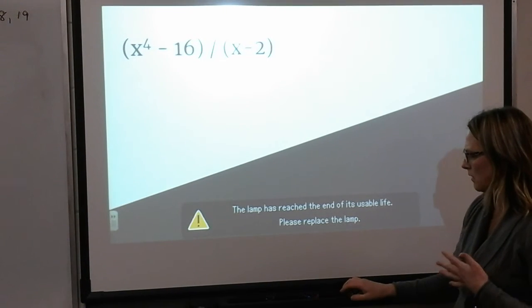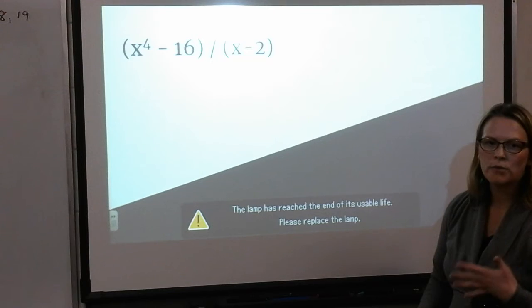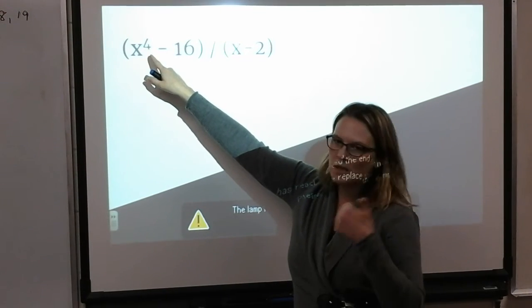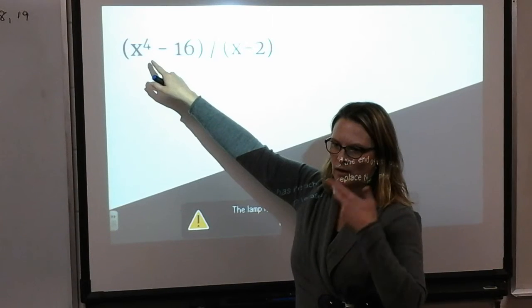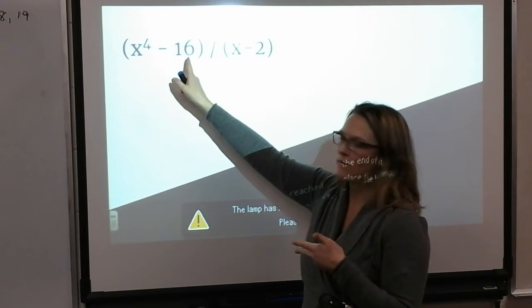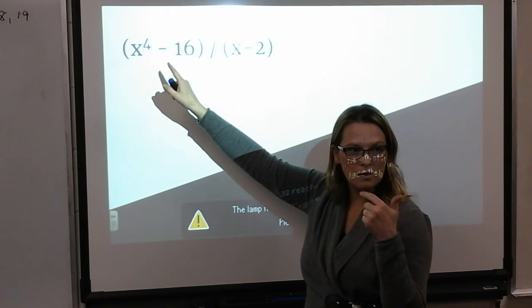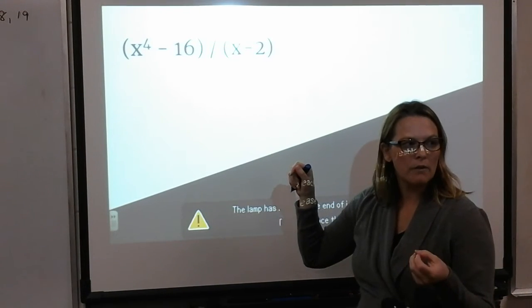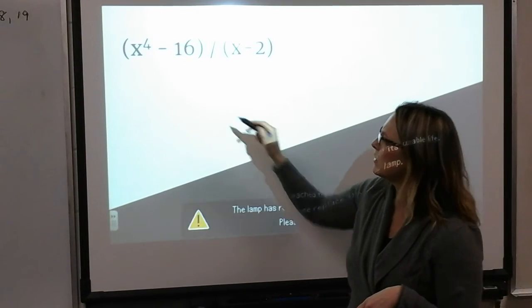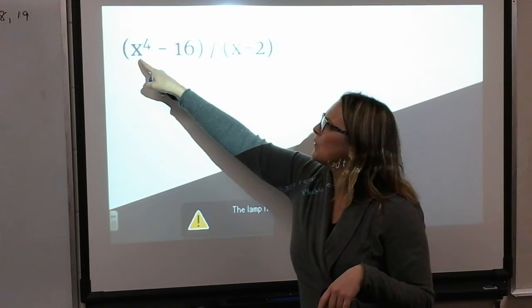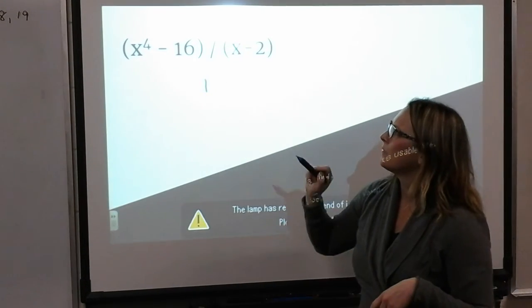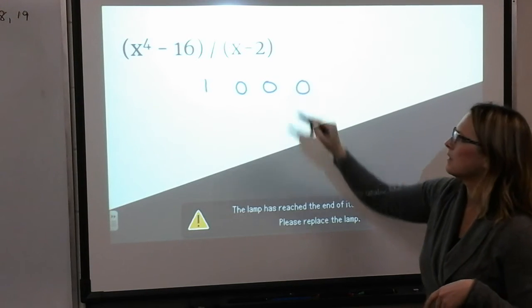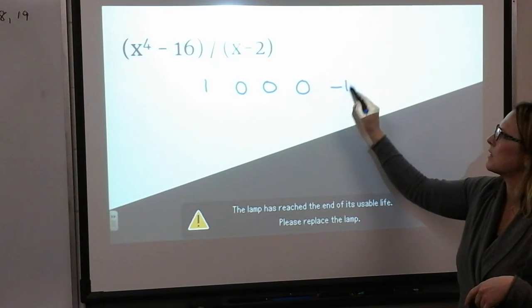Synthetic division works by finding the leading coefficient for every term, and you have to account for every degree. So this is x to the fourth, I'm missing x to the third, I'm missing x squared, I'm missing a linear x, but I have a 16, so I'm missing 3 coefficients. To use synthetic division, I have to account for all of them and fill in a 0. So my coefficient of x to the fourth is 1, then I'm missing x to the third, x squared, and x, and then I have negative 16.